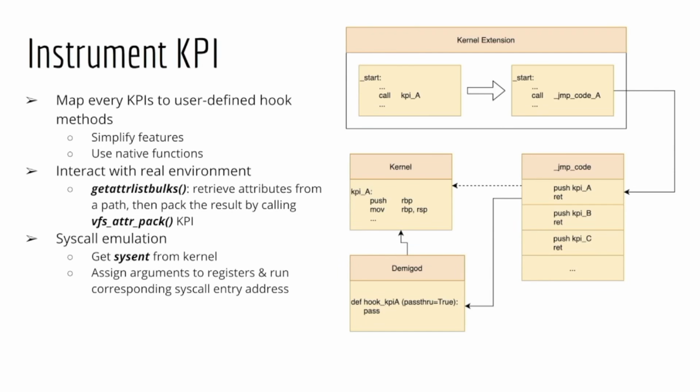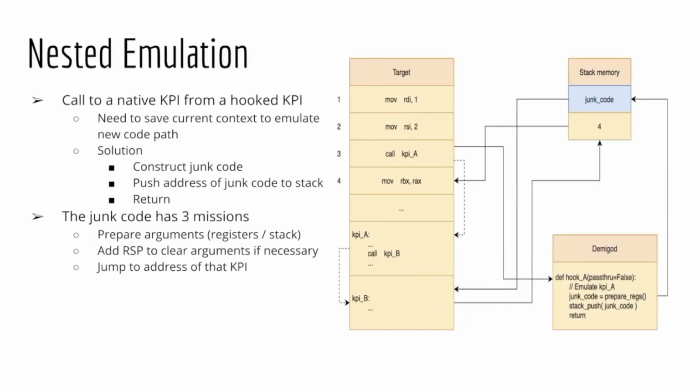About the syscall emulation, I just find the sysent symbol in the loaded kernel space, assign the arguments to registers, and run the entry address. In some cases, we want to call a native KPI from a hooked KPI. Normally, we have to save the current state and run another emulator, but it may screw up in some complicated situations.